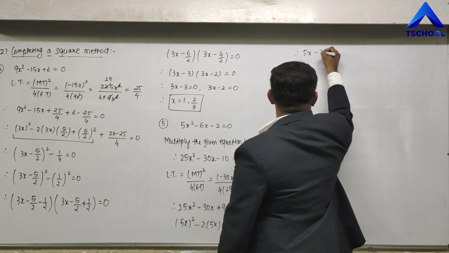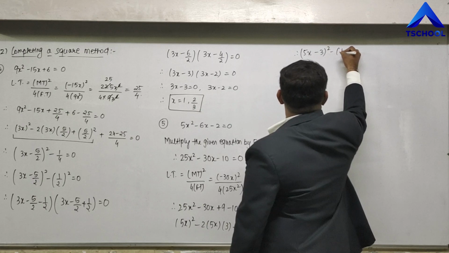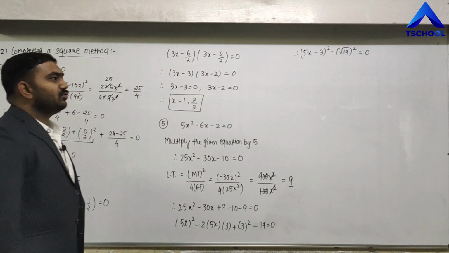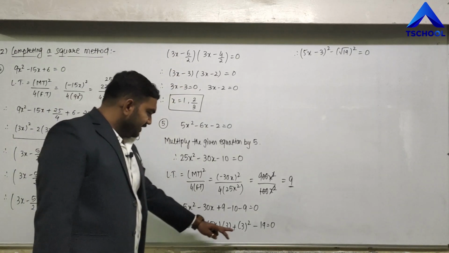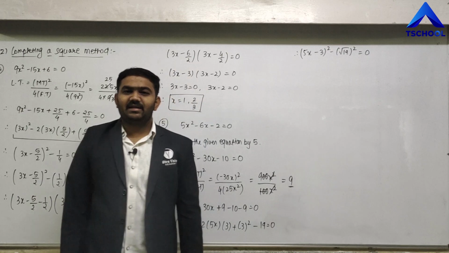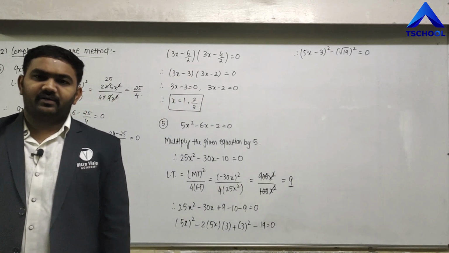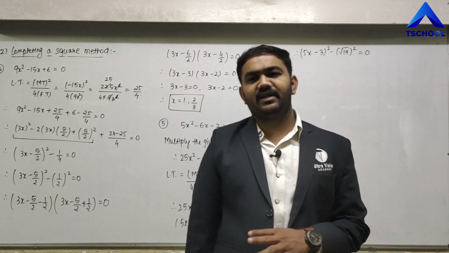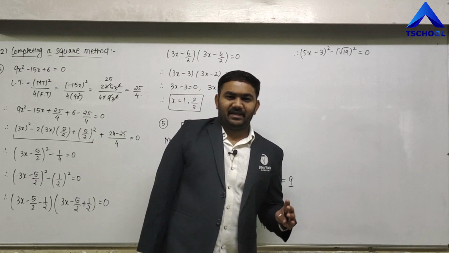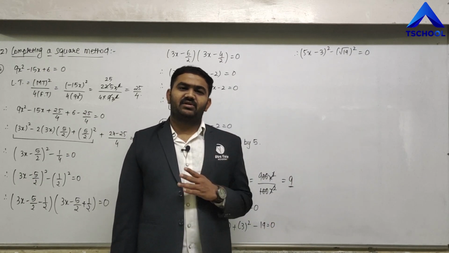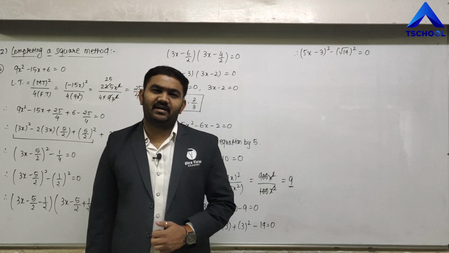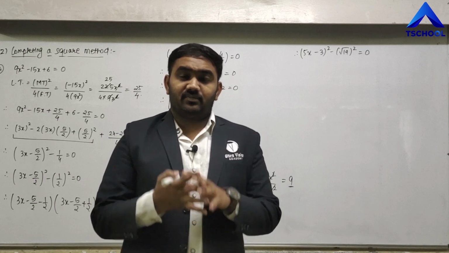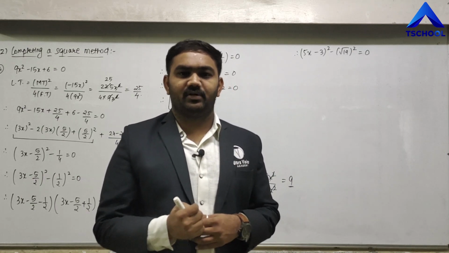Therefore solving this, we shall get 5x minus 3 whole square minus root 19 whole square is equal to 0. Is it clear? See friends, this 19 here is not a perfect square. So to write it in the form of a perfect square, we shall use the concept of the first chapter of standard 9, that any number can be written as the square of its square root.